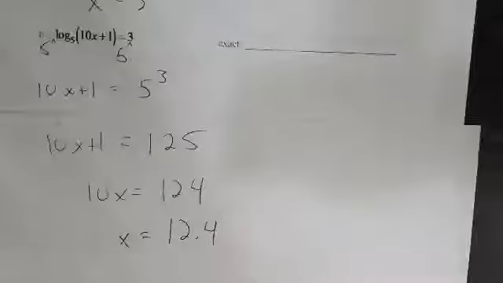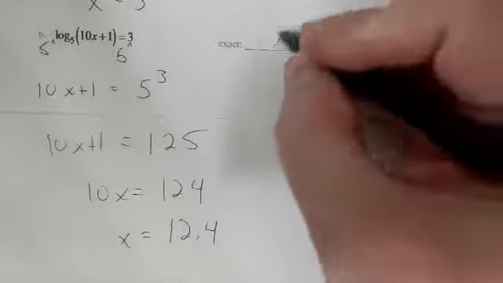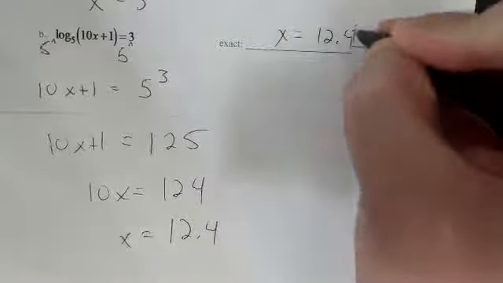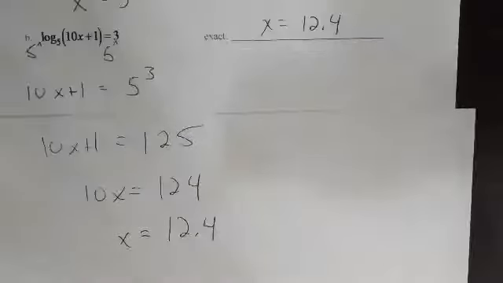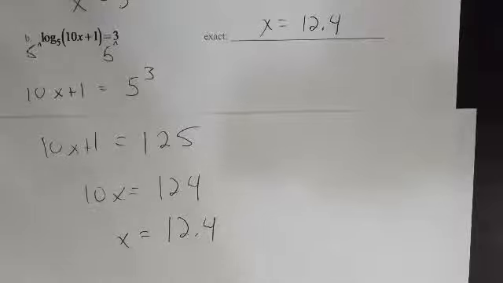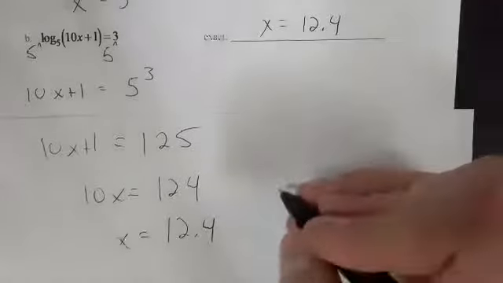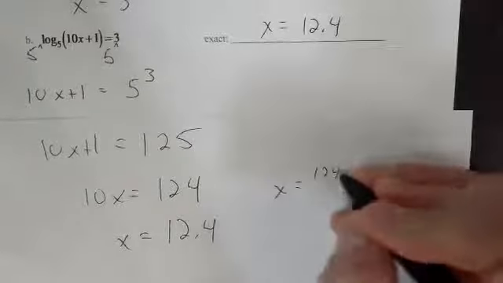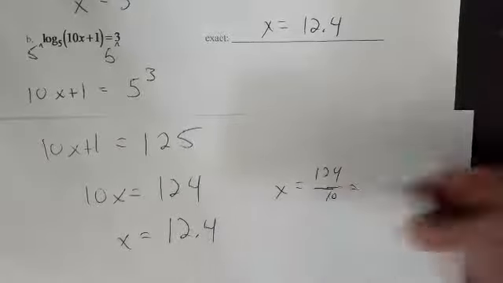Okay. So my exact solution is x equals what? 12.4. And I did what? Decimal approximation. I guess we could also do 124 over 10.